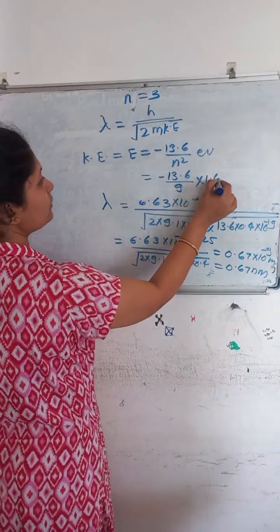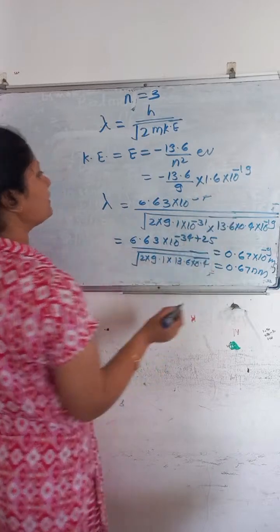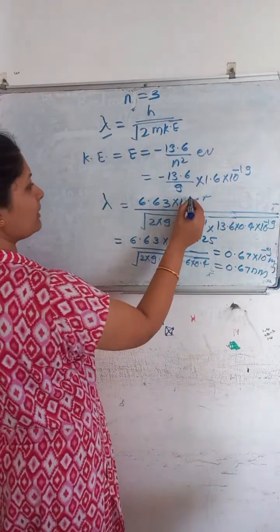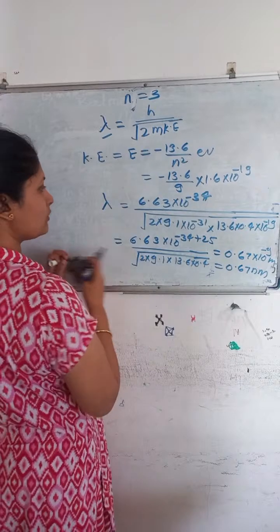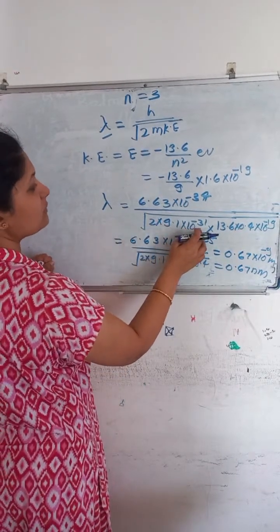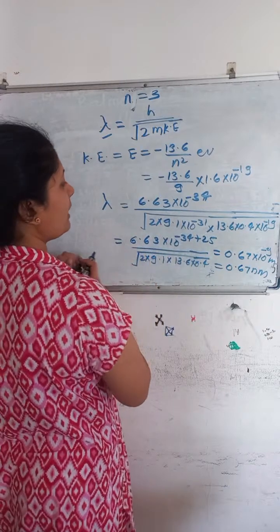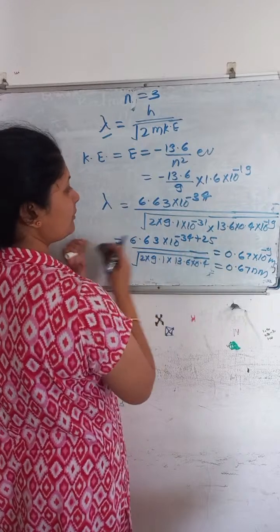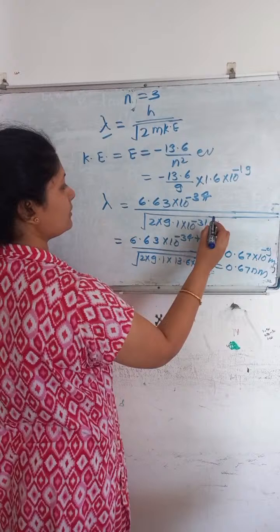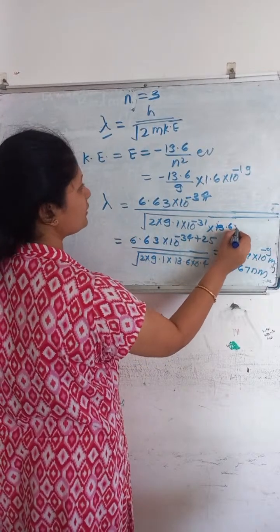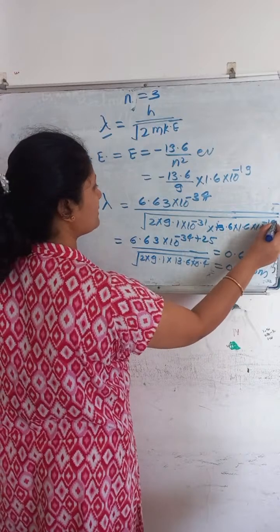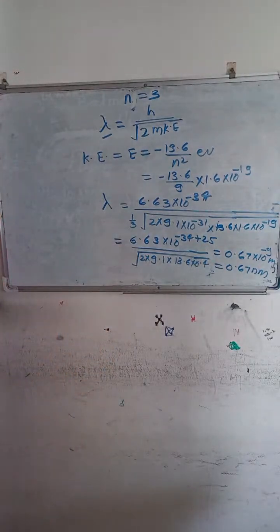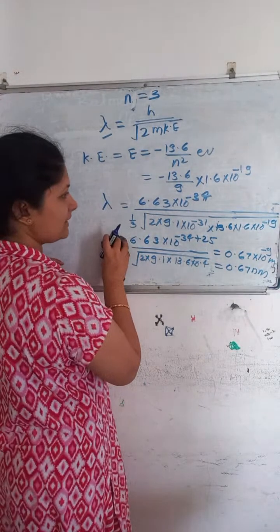Convert this into joule by multiplying. Use the de Broglie wavelength formula, then substitute the values: 2 into 9.1 into 10 raised to minus 31, and 13.6 into 1.6 into 10 raised to minus 19. Here the 9 I will take as 1 by 3. I will write it like this and then simplify this equation.